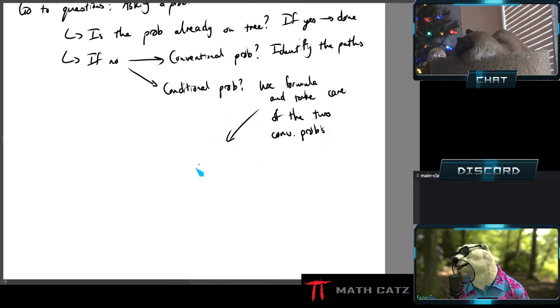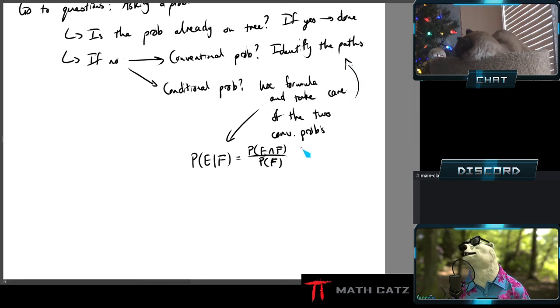Here I mean the probability of E given F is the probability of the intersection divided by the probability of the given event. So I'm rewriting my conditional probability as two conventional probabilities that I can go back and identify the paths for each one separately.